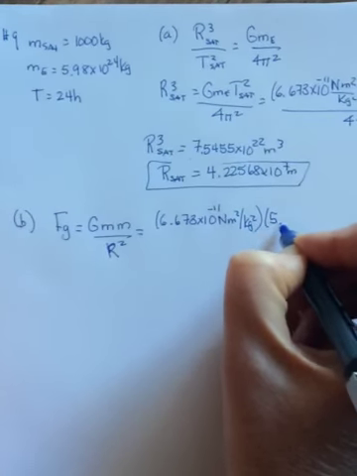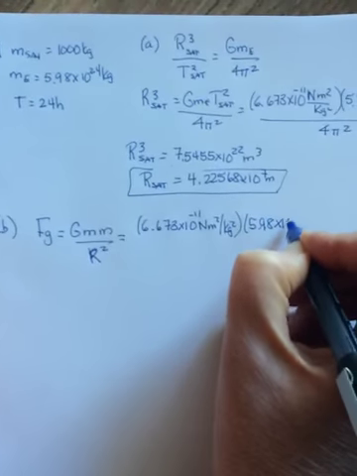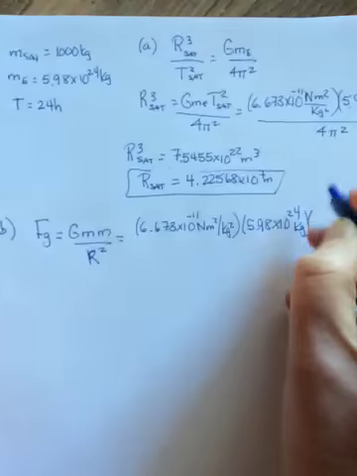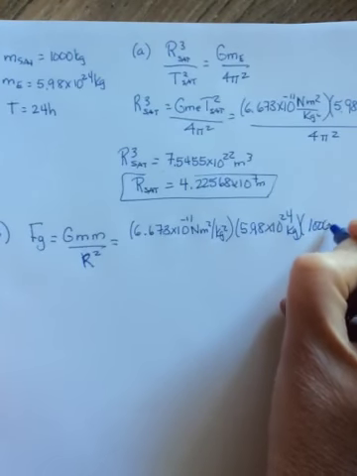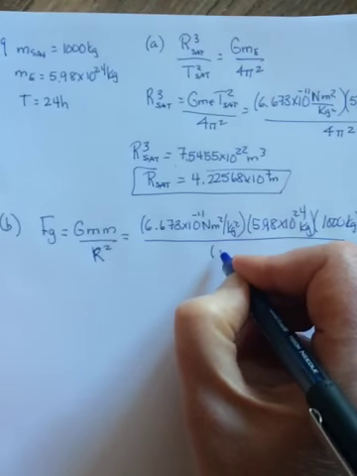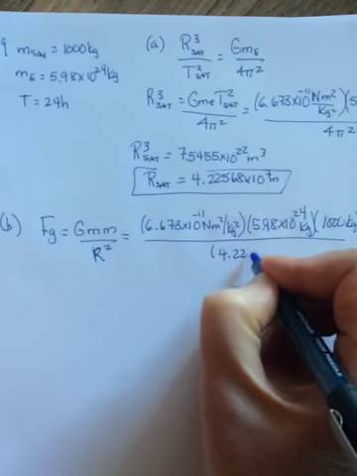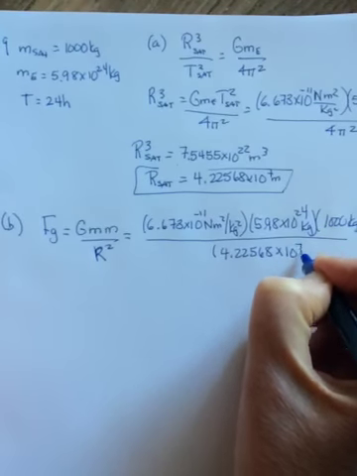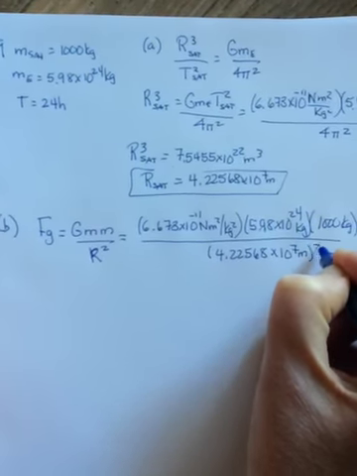The mass of the Earth, 5.98 times 10 to the 24th kilograms. The mass of the satellite, 1,000 kilograms. And then over the R we just found, 4.22568 times 10 to the 7th meters squared.